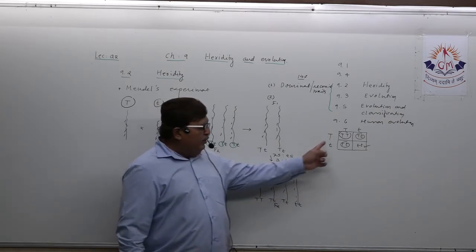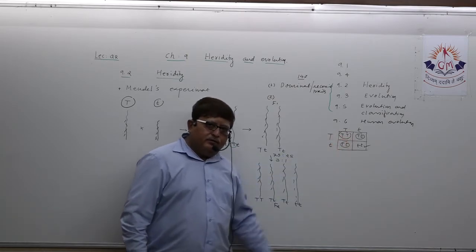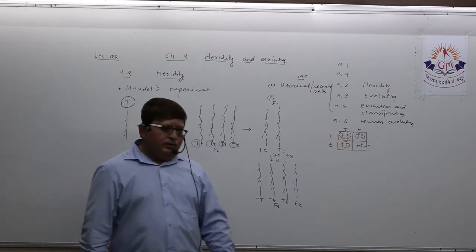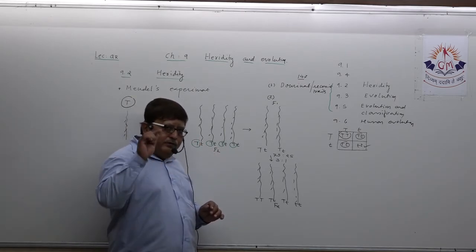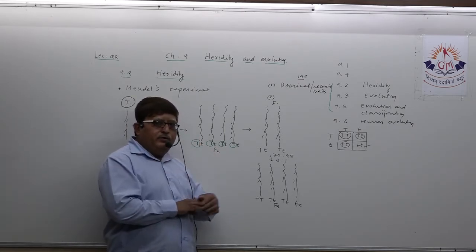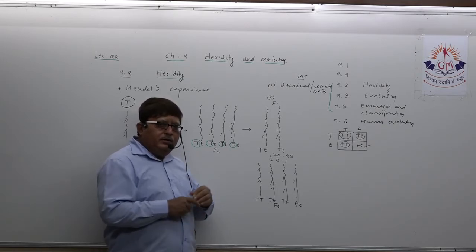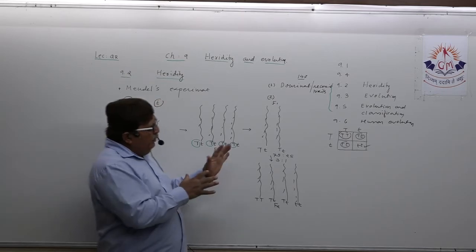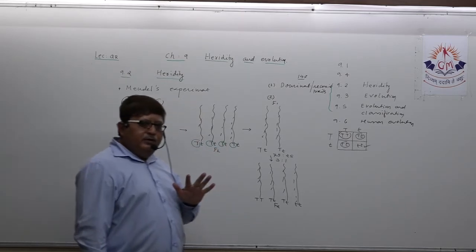So this way you can make TT for tallness and this is for dwarfness. Okay. So when you are asked this first in-text question, how Mendel saw the presence of dominant and recessive traits, you have to answer this way. Is it clear in your mind, dear student?